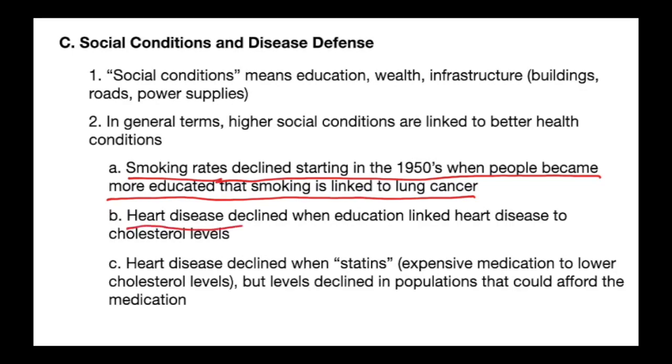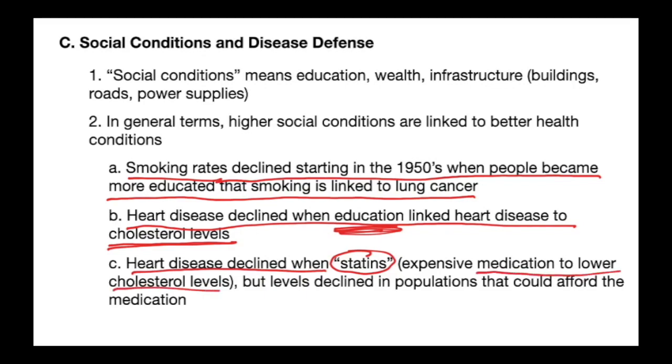Heart disease started declining, same thing, when we became more educated about what caused heart disease, like high cholesterol levels. Heart disease also began declining when these things, statins, which is expensive medication that lowers cholesterol, were created.